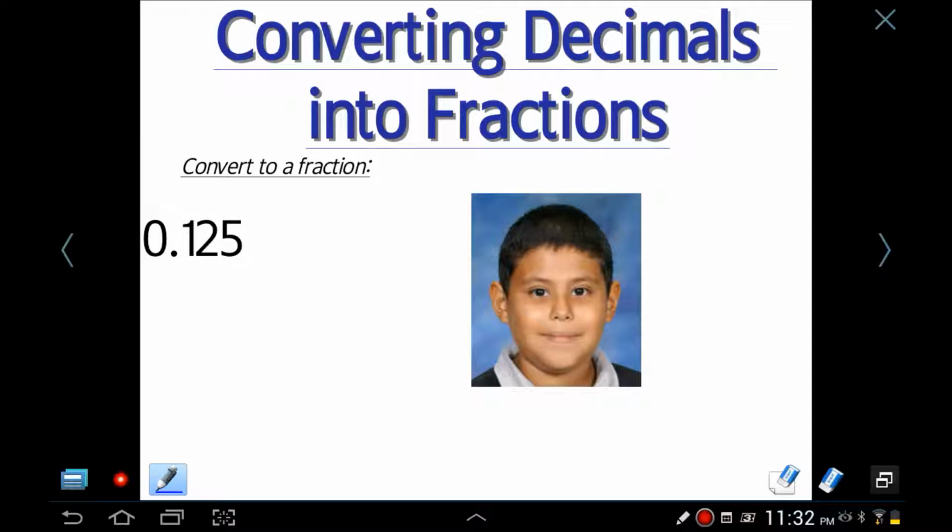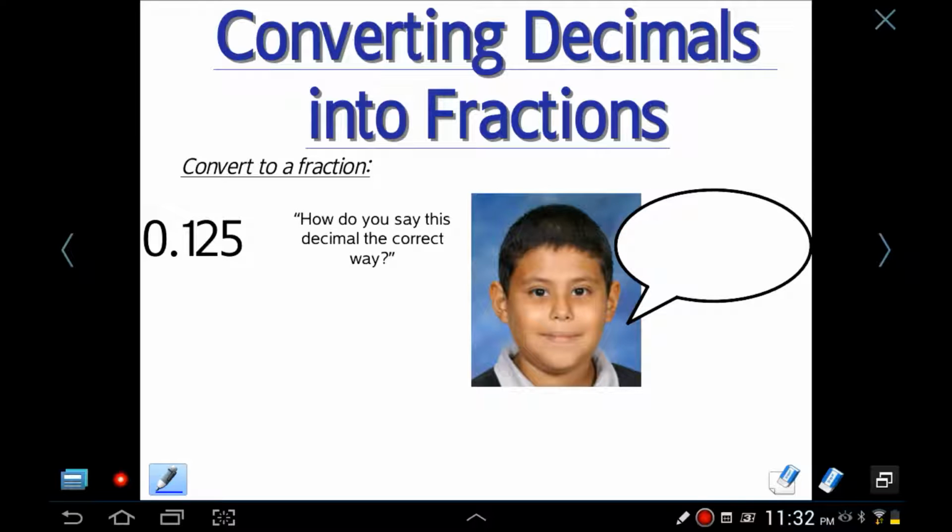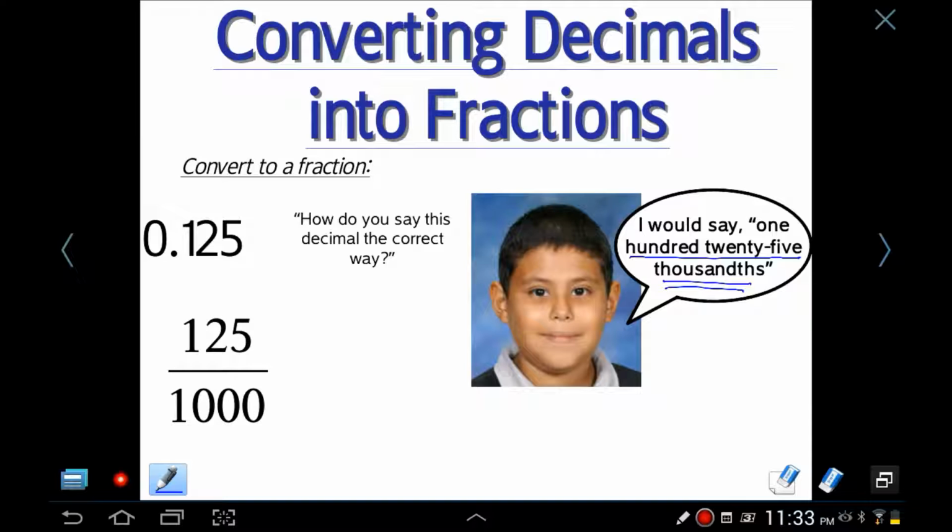All right, next one here. We have 0.125. Now, I'm saying that wrong on purpose. And let's hear what Bryant has to say. Bryant would say this is 125. That's your numerator. Thousandths, and that's your denominator, 125 thousandths. That's a pretty big set of numbers there. So you can reduce by 5 repeatedly.